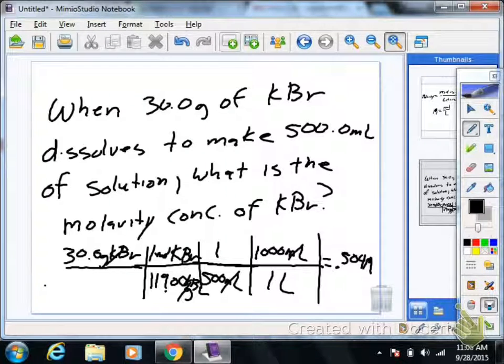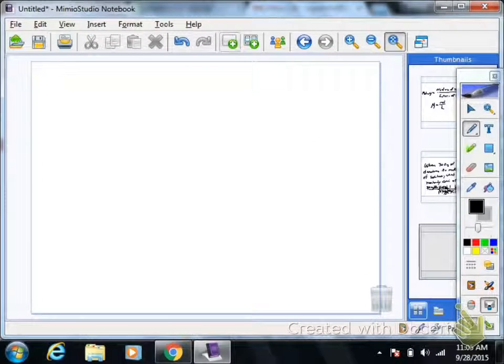I've got to get moles on top, liters on bottom for this example. In the examples you did on the last test, you kind of know how to go through to get your final units. This was very important for me to figure out when I was a sophomore taking chemistry. Once I got that figured out, it made things a lot easier on me.